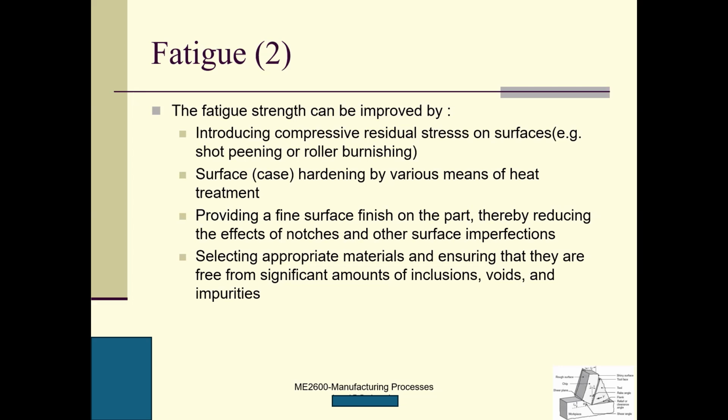The fourth one is selecting appropriate materials and ensuring that they are free from significant amounts of inclusions, voids, and impurities. That means the purer the material, the better for the fatigue life. So these are four ways that people commonly use to improve fatigue strength.